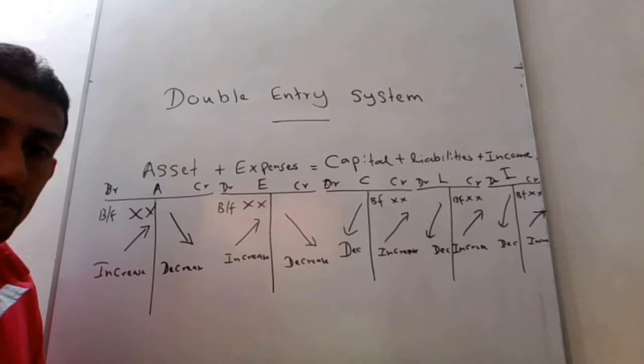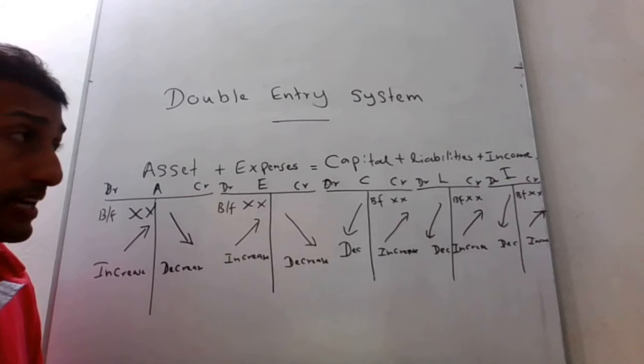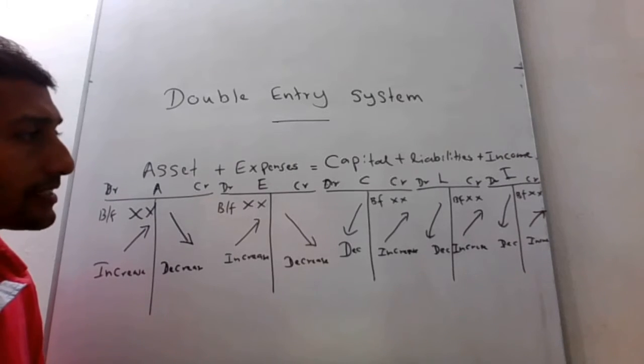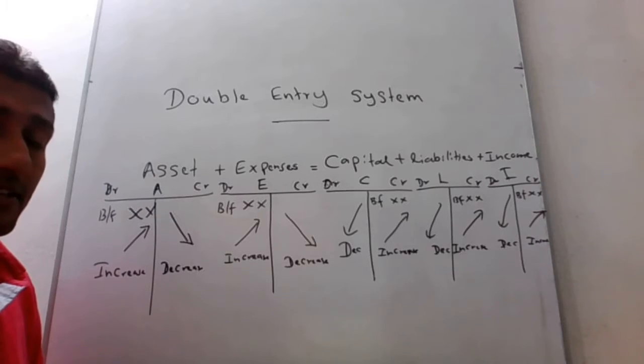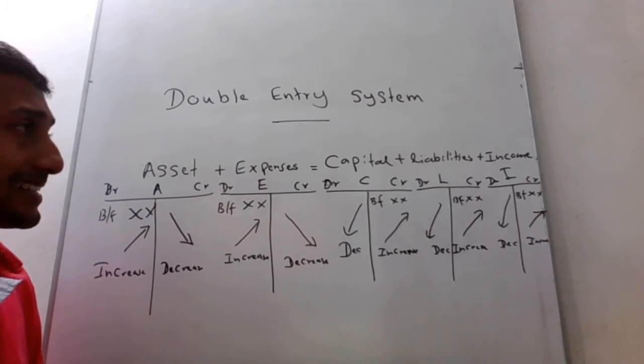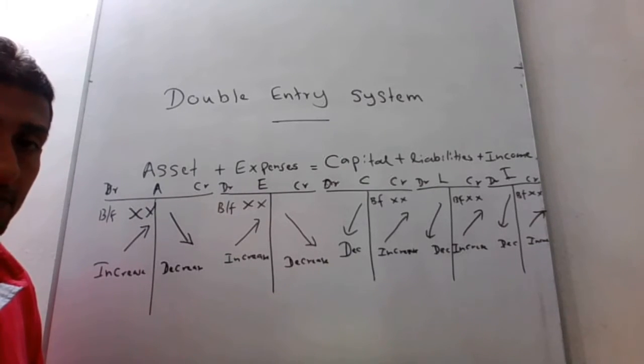So let's start with the first transaction. The owner is introducing money to the business. Now to do this, first I'm going to explain the effect on the accounting equation, and then I'm going to put it into the double entry system.